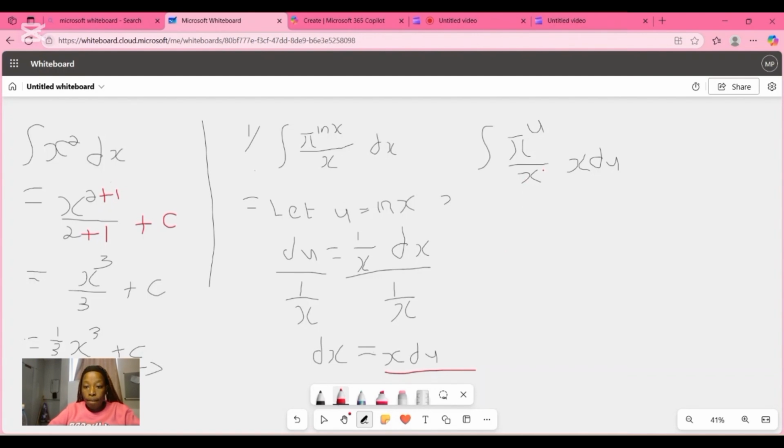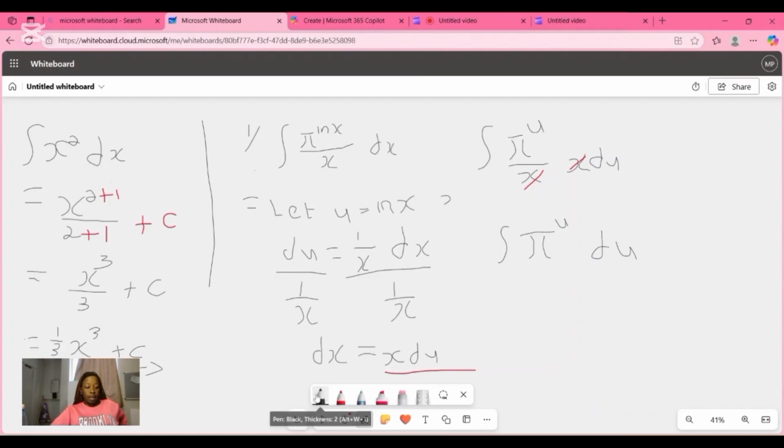And then we are left with the integral of pi to the u du.